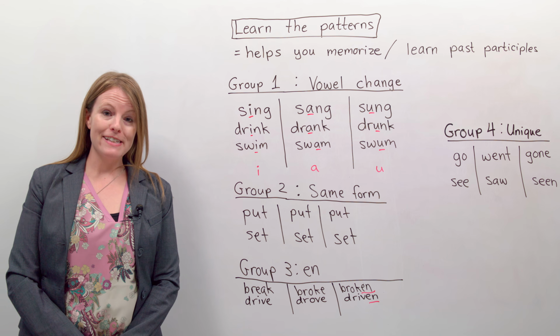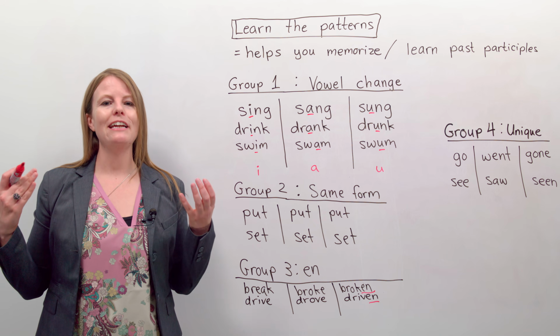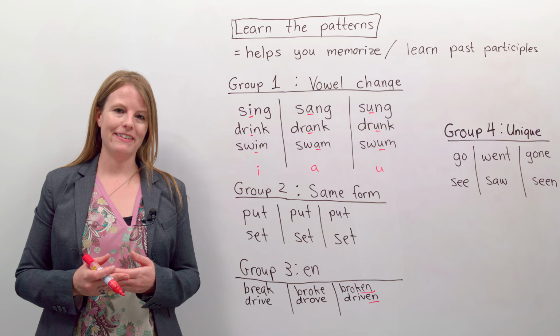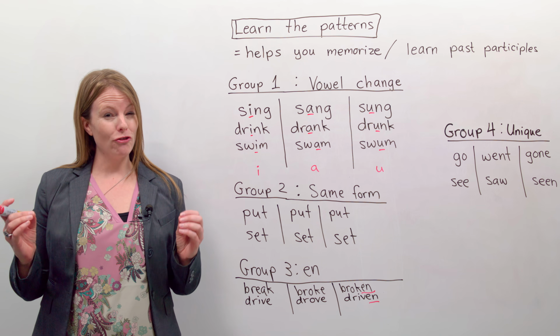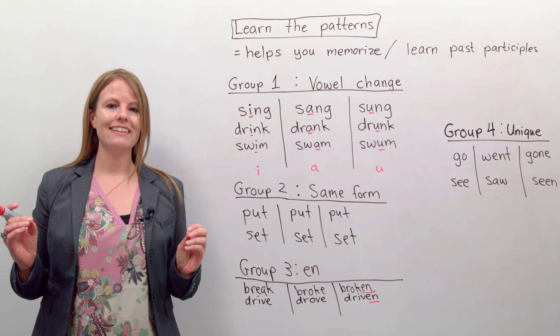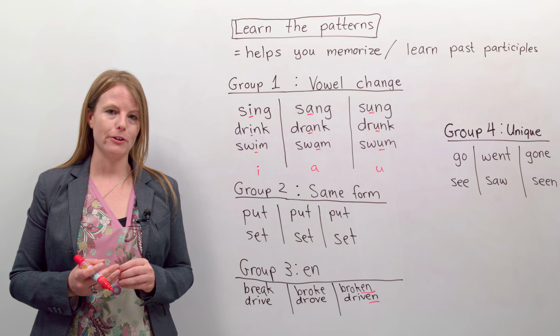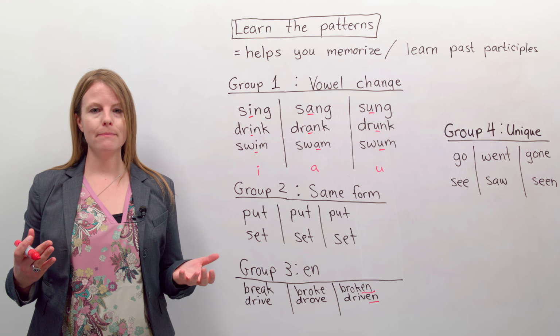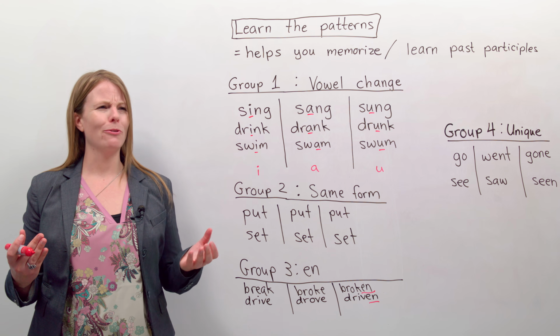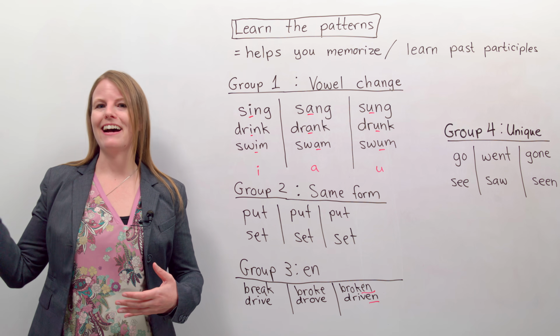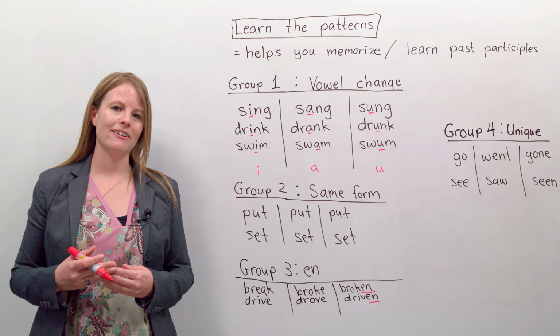All right, so the first tip is learn the most common irregular past tense verbs. Another great tip or method is to learn the common patterns of irregular verbs. When you first learn them, it looks random. Oh, why is there an E here and an I here and an O here?